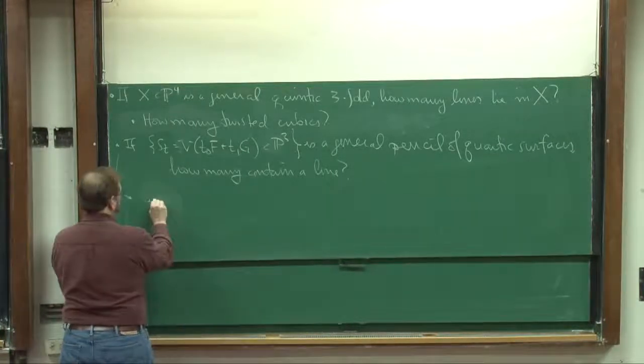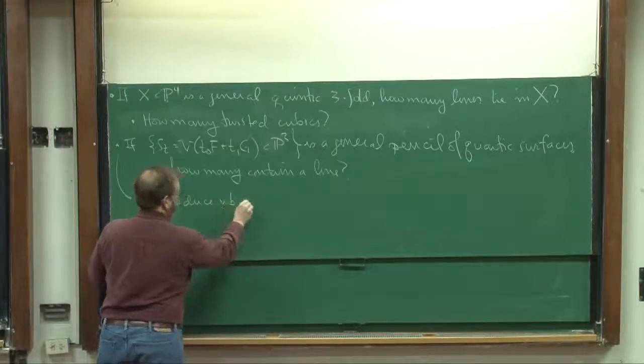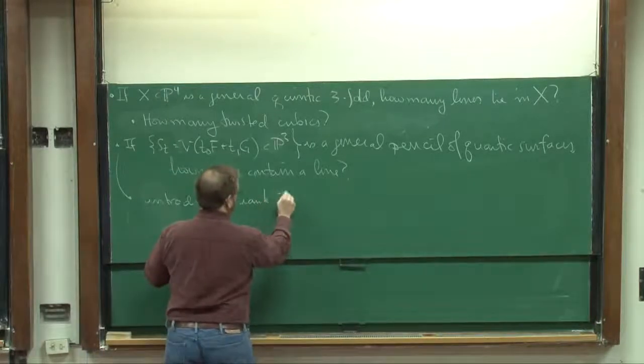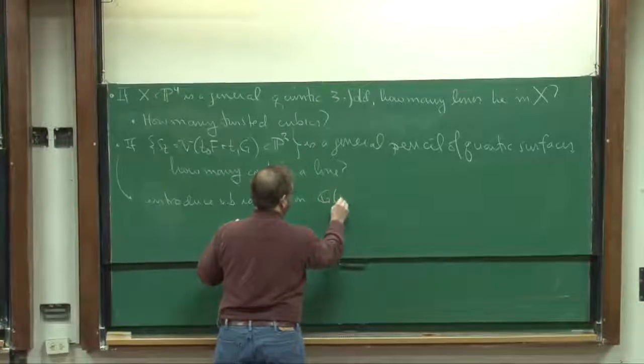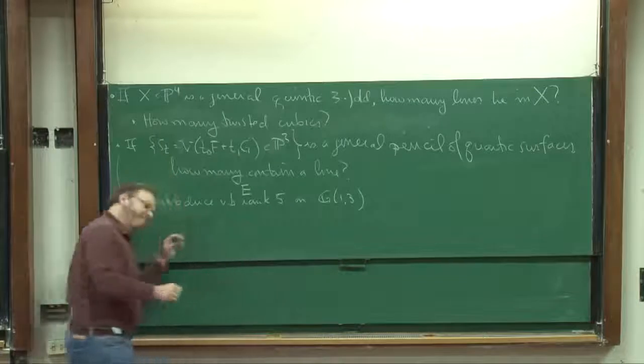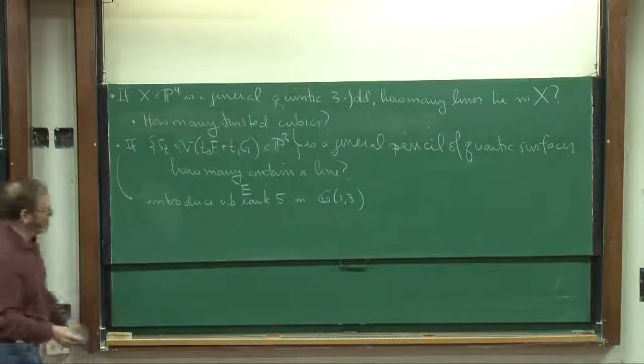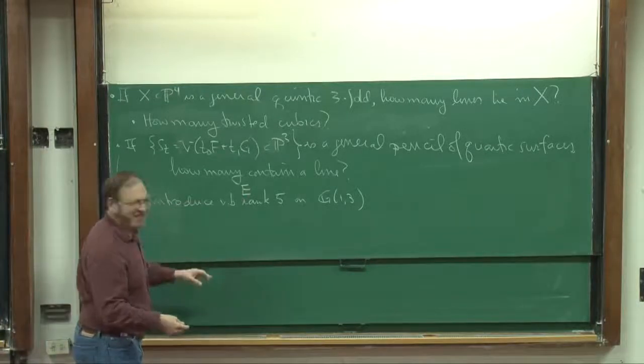And I want to introduce a vector bundle of rank 5 on the Grassmannian of lines in P3. I want to give that vector bundle a name, and for some reason E seems to be the default name for a vector bundle. I'm not sure why that is.